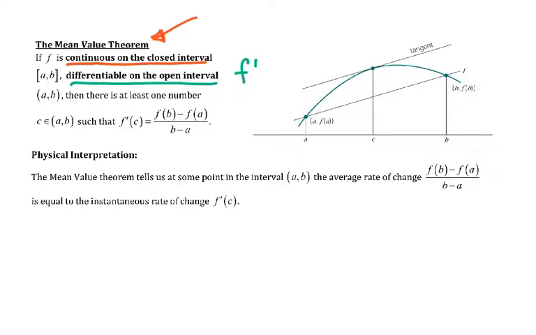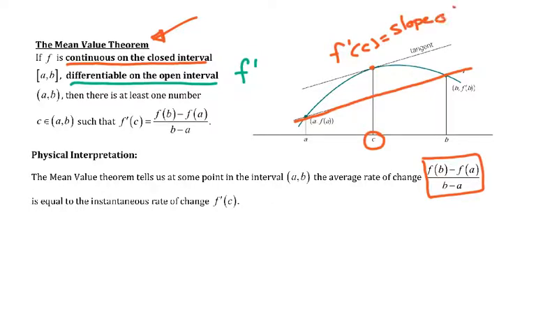And if that's the case, then it's always true that, here's my secant line. Whatever this slope is, it's given by this expression here. At some point, there's going to be a c, so that the slope at c equals the slope of the secant line.